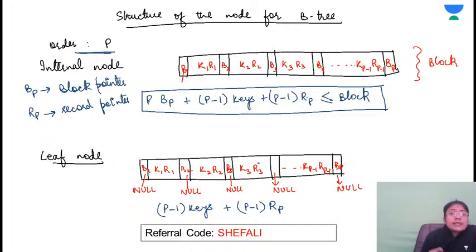And one more thing, since it's a multi-way search tree, whatever values will be present in the child of this one, what will be those values? All should be less than K1. If it's present on the right hand side, these children must be greater than K1 but smaller than K2.